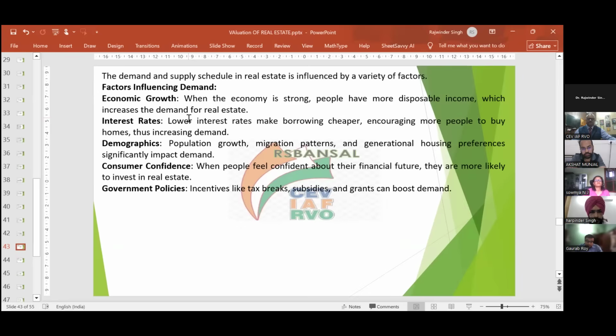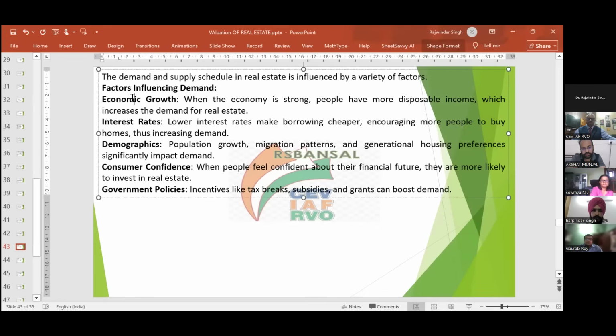Then what are the demand and supply factors in real estate? Demand and supply in real estate depend upon the economic growth at the local level, national level, and international level in a particular location. Then interest rate: higher the interest rate, lower will be the demand, lower will be the value, and vice versa. Then demographics.